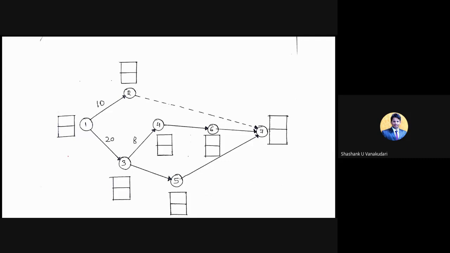And next 4 to 6, it is 10. And then 3 to 5, it is 12. And then 6 to 7, it is 8. And then 5 to 7, it is 6. Obviously this dummy activity's duration will be 0.